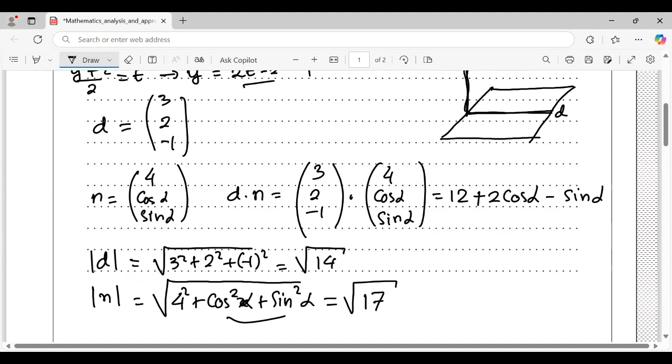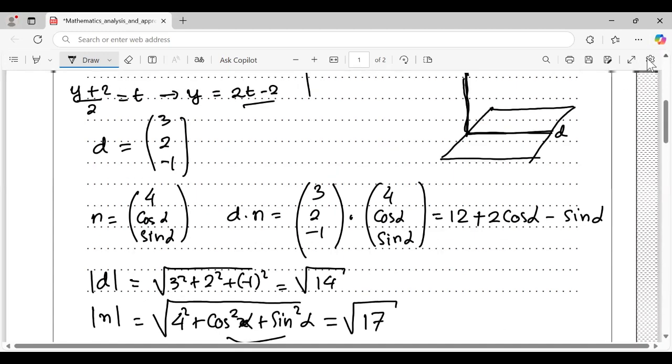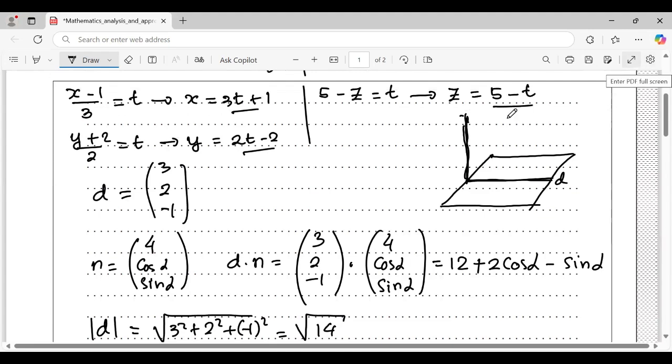Next, alpha. So alpha is the angle between the direction vector, for example, if this is the direction vector, it's n, d, and this is the plane.